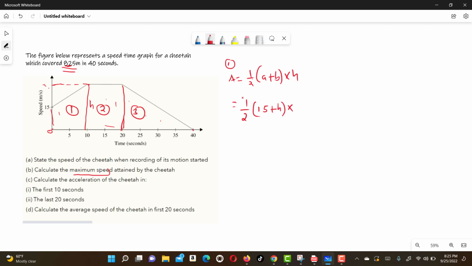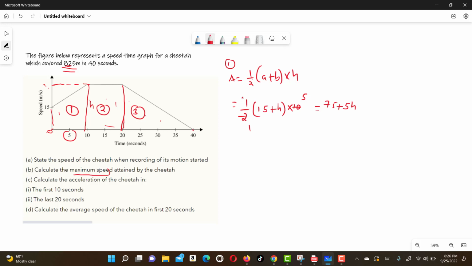Then you multiply by the height of the trapezium, which is 10, from 0 to 10. Simplifying further, if we open this bracket, that's 75 plus 5h.